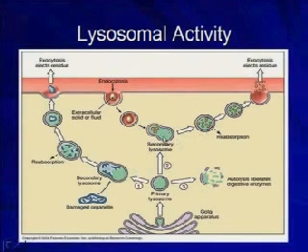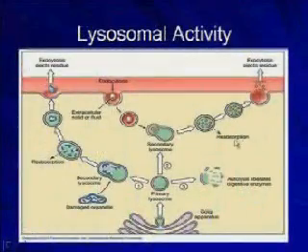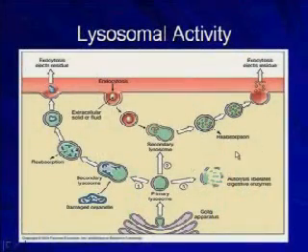Again through a digestive process, digestive enzymes inside the lysosomes will break down these contents and allow reabsorption to take place inside the cytosol, and whatever residue is left will still be ejected from the cell in a process of exocytosis. And then the third type of primary lysosome goes through a process of autolysis.